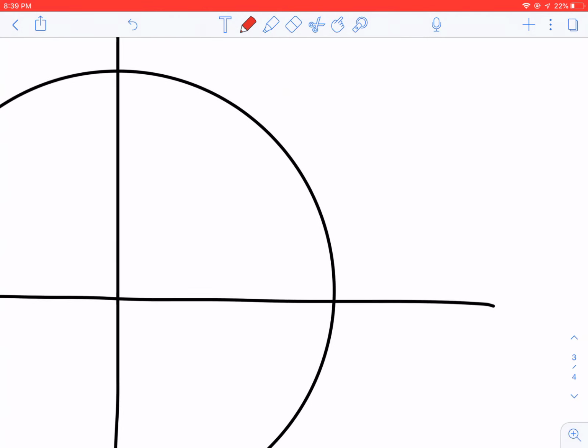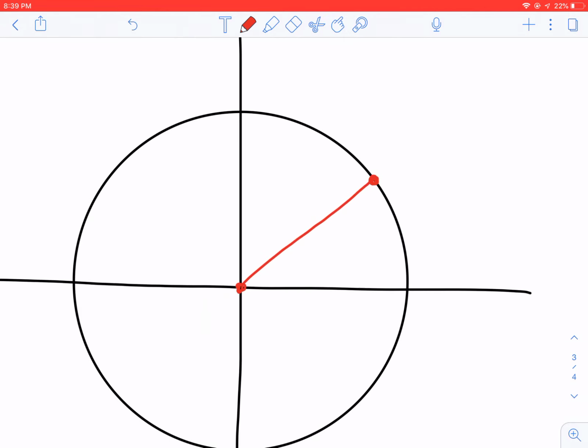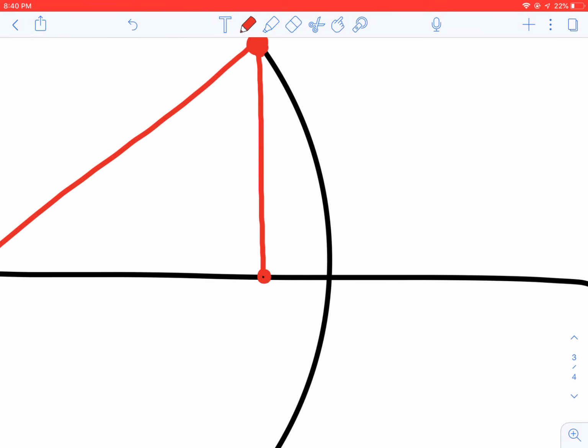And let's just draw a radius in the first quadrant anywhere, like so. I can draw this radius anywhere, as skinny or as tall as I want it to, but I'm going to draw it somewhere over here. All right, and then from that point, I'm going to drop a perpendicular to the x-axis. So what we have here is a right triangle.